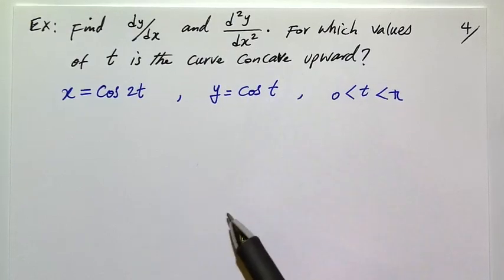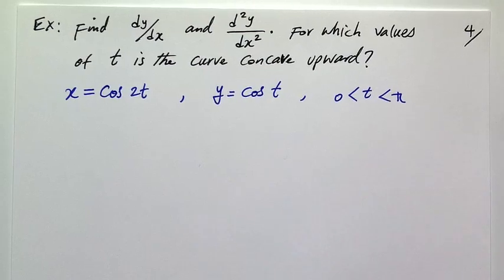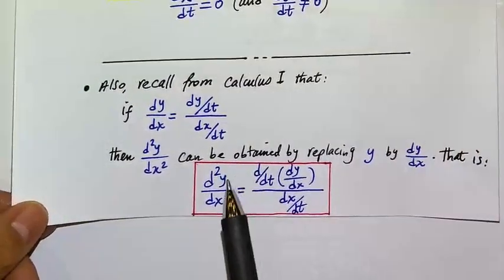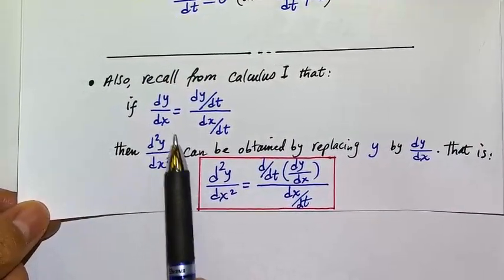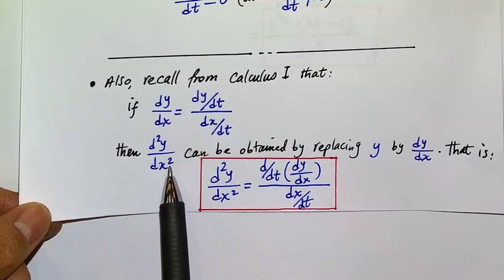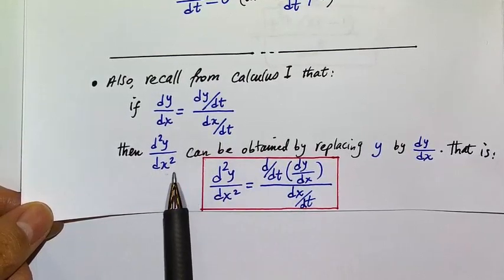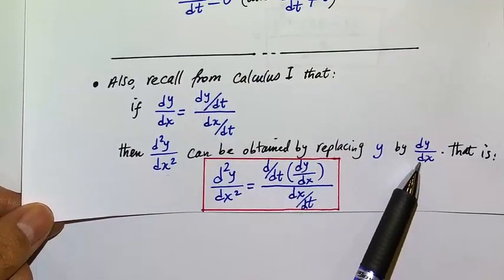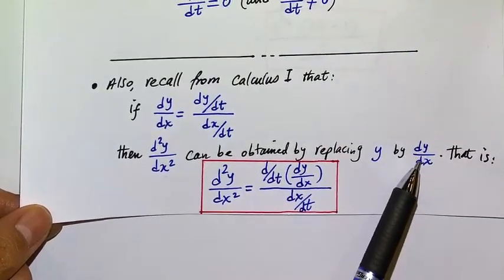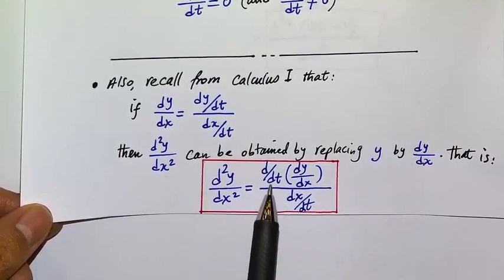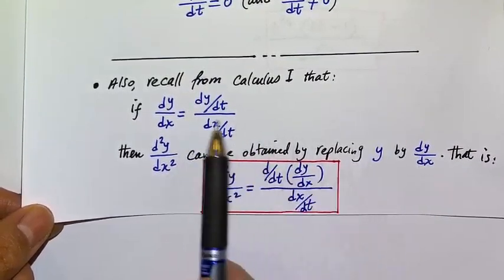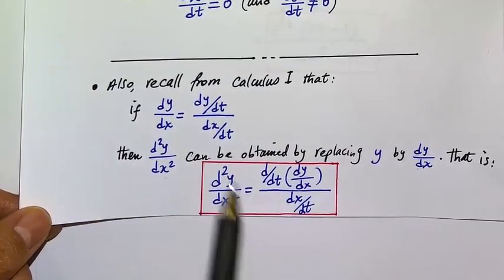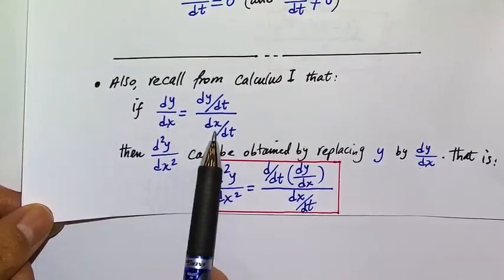So this is one case where we have to apply the formula I mentioned on the first page: to find the second derivative for a set of parametric equations, we replace y with dy dx, the first derivative, and find the derivative of that in the numerator, divided by the same dx denominator.